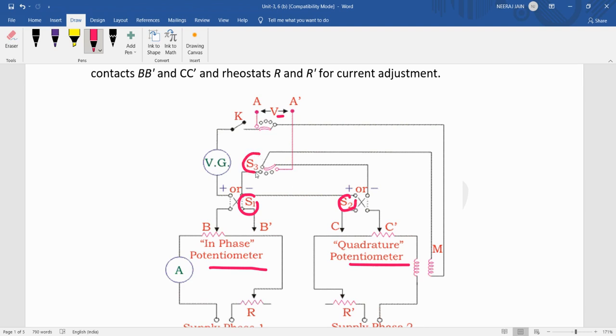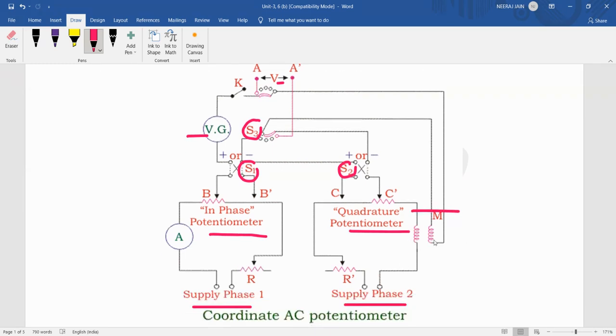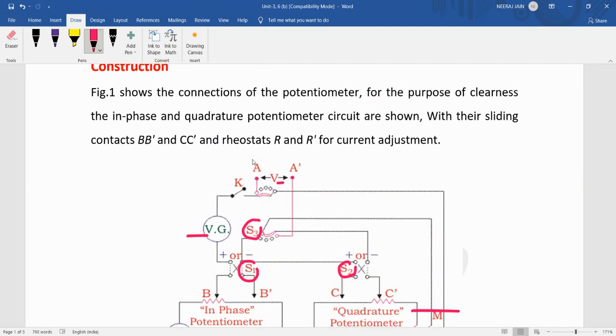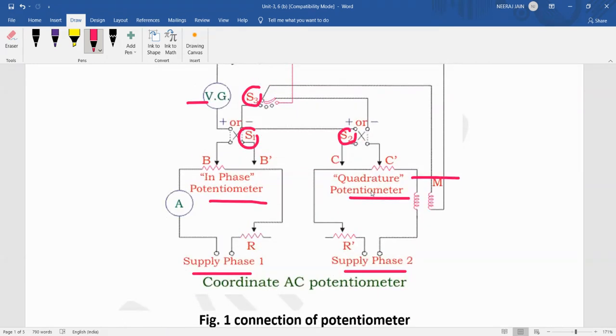S3 is the switch for connecting the unknown voltage with the circuit. VG is the vibration galvanometer, and M is the mutual inductance between the two coils. Here the quadrature potentiometer coil works as a primary winding and this is the secondary winding. The unknown voltage is applied here between A and A'.